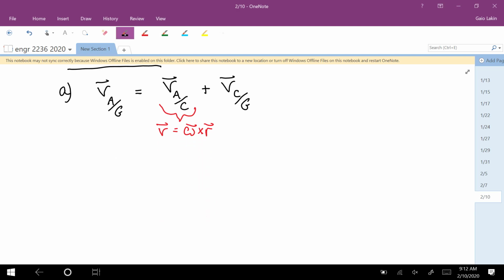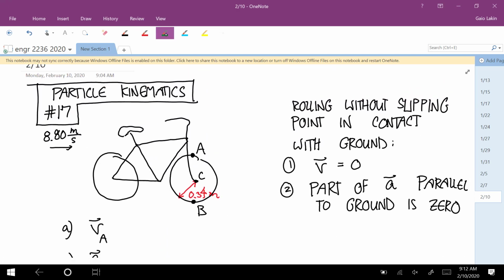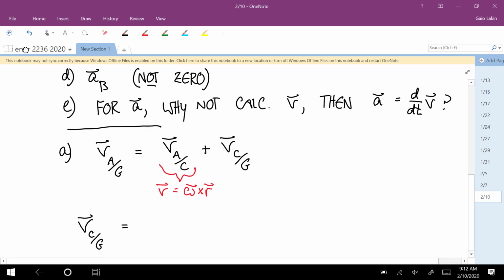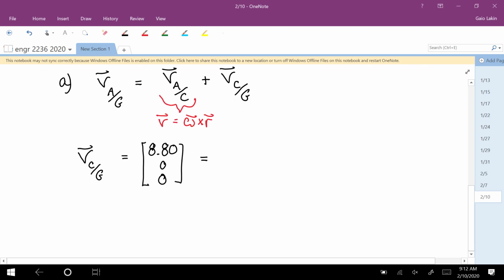Okay, so first, what about the velocity of C relative to the ground? That's the one that's given. And that is, if I use a coordinate system like this, positive 8.8, 0. And we know from the rolling without slipping equation that that's equal to negative omega r, 0.